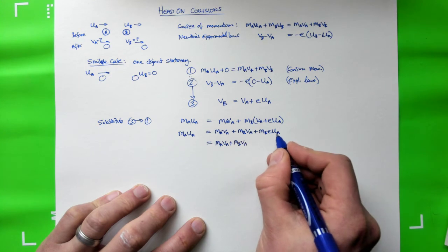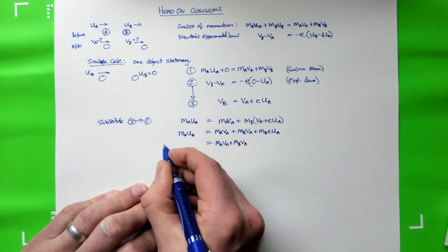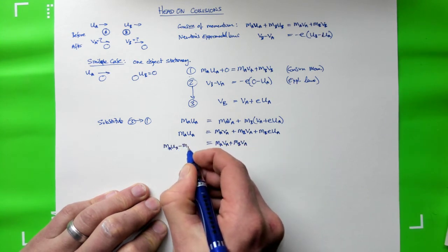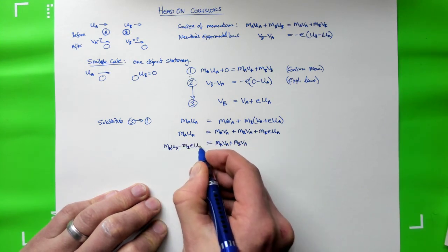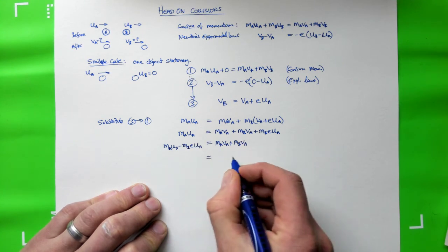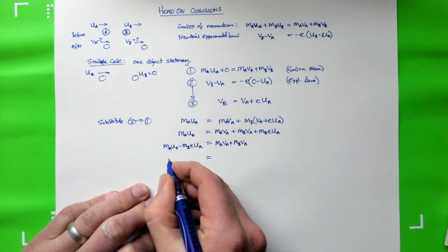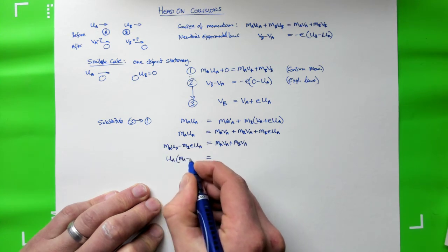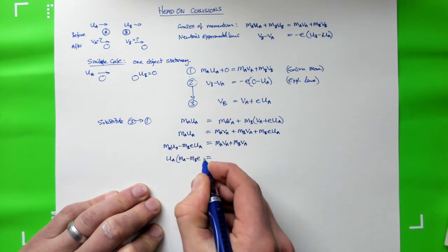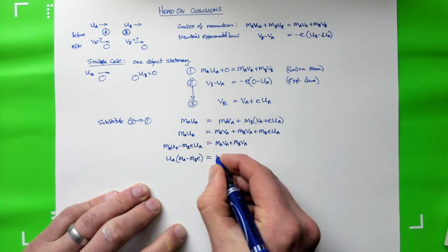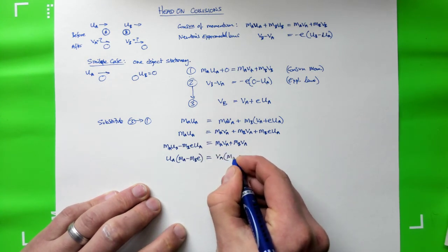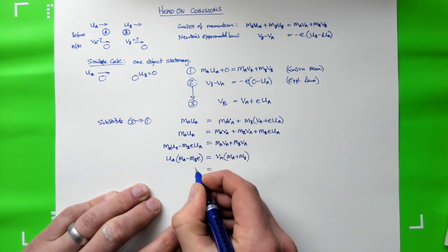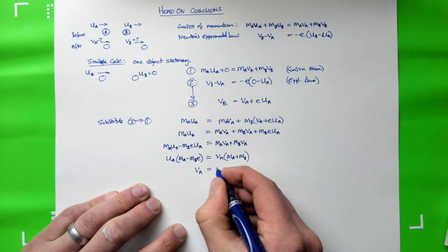And then we'll move the uA term over here, so the uA terms are all together. mA uA minus mB e uA. Now I can isolate my common factors on each side, which in this case are uA. So I've got (mA minus mB e) times uA, and over here I've got vA as a common factor, (mA plus mB). And then one stage left to do, and we've got our solution.